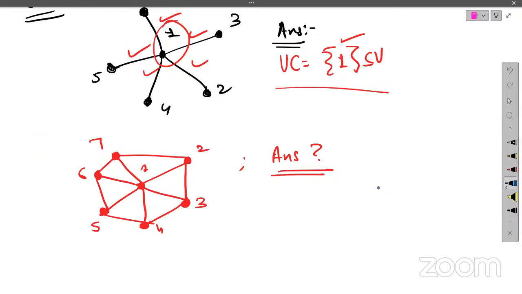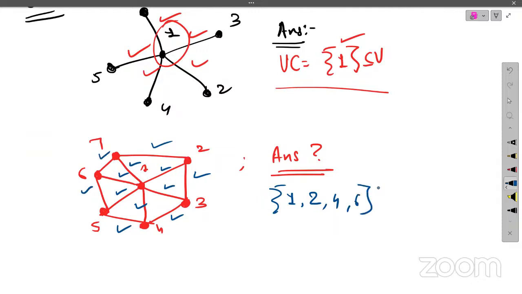So obviously we should contain 1, so that we can cover this edge and all these edges. Now, there are some edges left over the boundary. So I'll take vertex number 2 in my vertex cover. Then vertex 2 will cover these 2 edges. Now I'll take vertex number 4, so that will take care of these 2 edges. And I'll take vertex number 6 in my vertex cover.